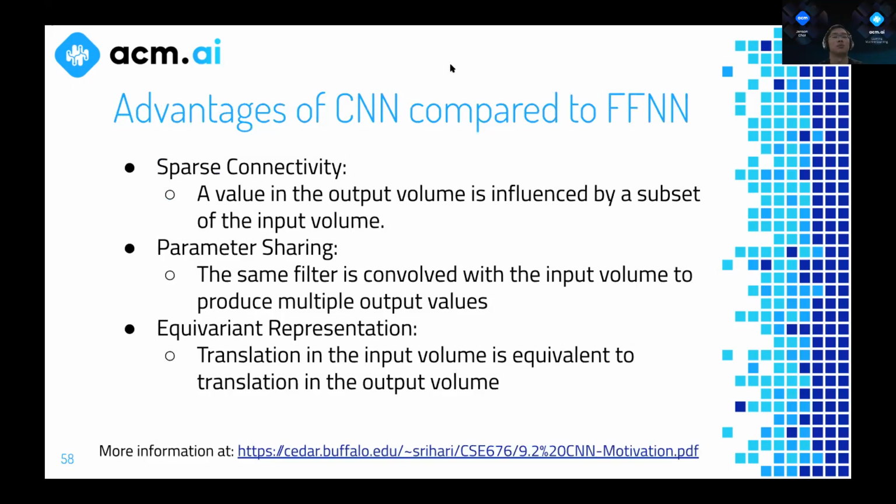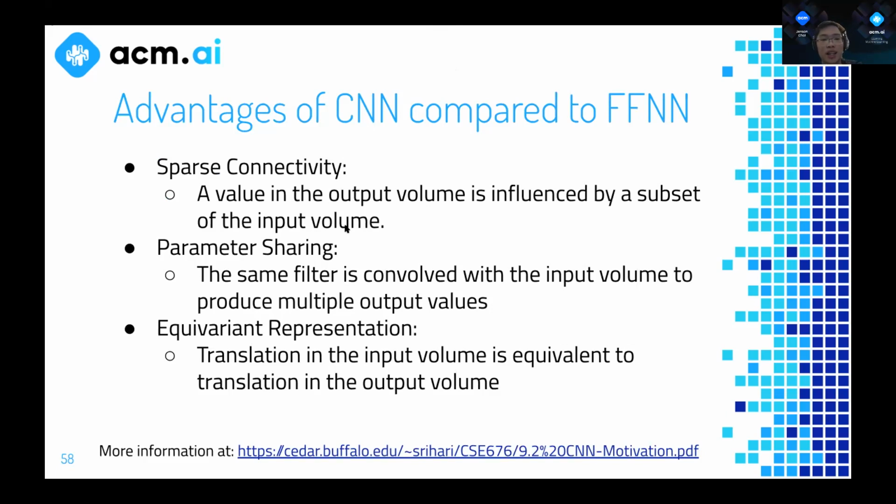Okay, let's do a quick review of CNNs by discussing some of the advantages of CNNs over feed-forward neural networks when it comes to doing computer vision. The first advantage for CNNs is sparse connectivity.